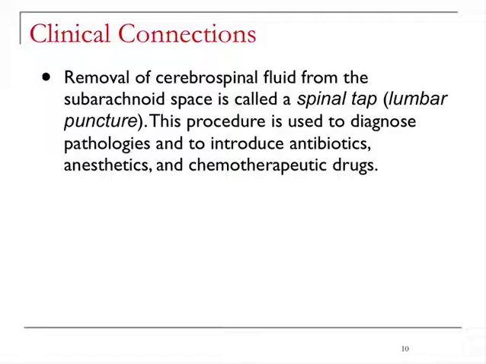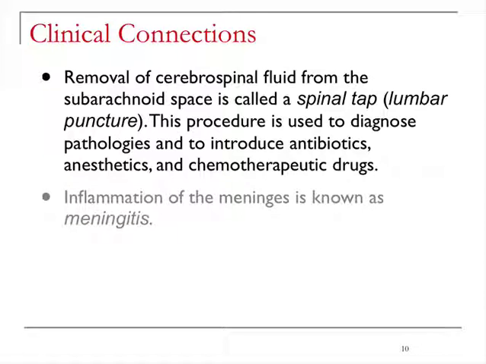With the spinal cord not extending down as far as the spinal meninges, it allows the doctor to remove cerebrospinal fluid without puncturing the spinal cord. So a spinal tap is normally performed in adults between vertebrae L3 and L4, or between L4 and L5.